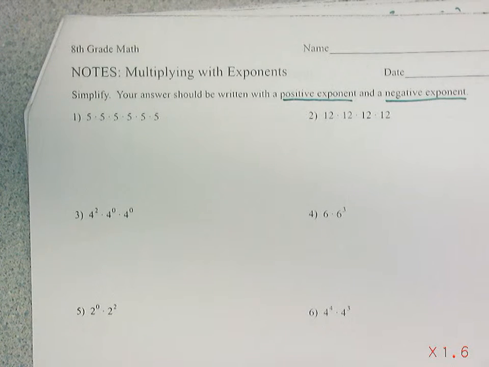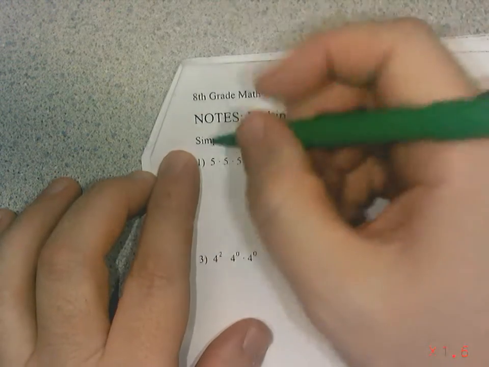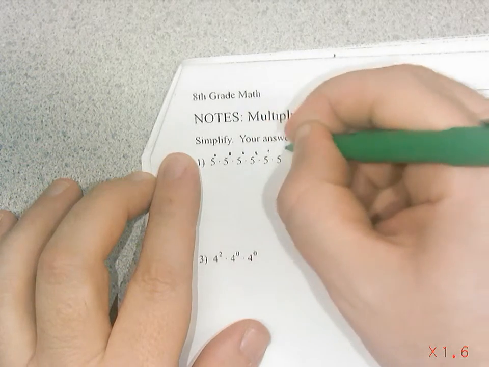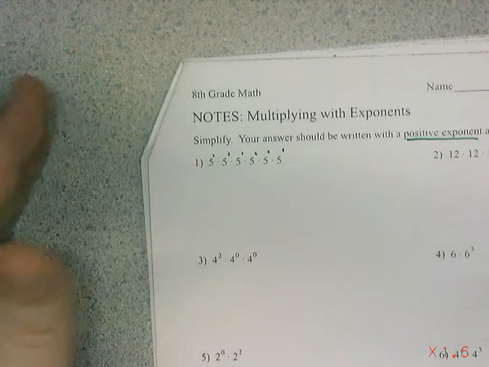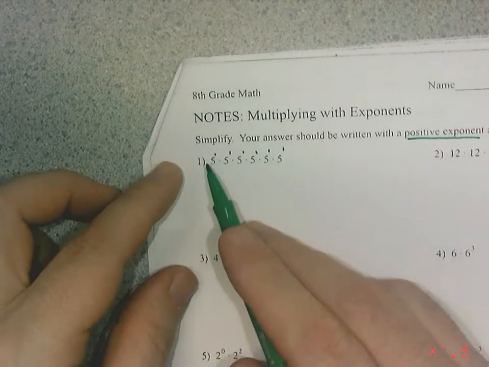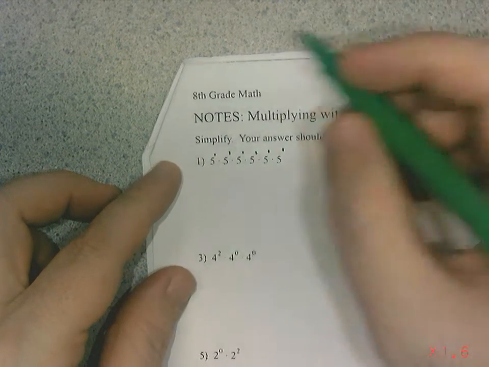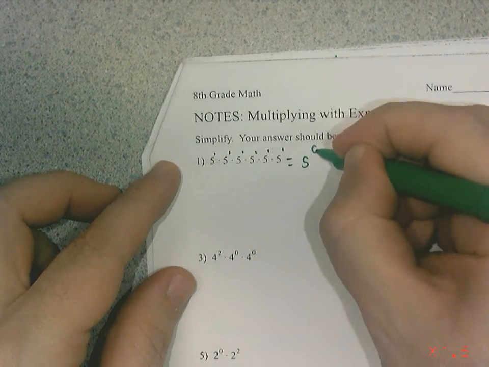Okay? So when I look at number 1, it just has 5s, right? You can think of all these 5s having a 1 next to it, or you could just think of them as 5s. Either way, you're counting up the number of 5s, and that is the number that it's going to be as an exponent. So I have 1, 2, 3, 4, 5, 6. If I rewrite that, it would be 5 to the sixth power.